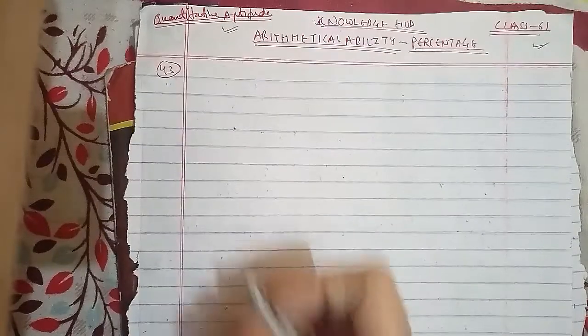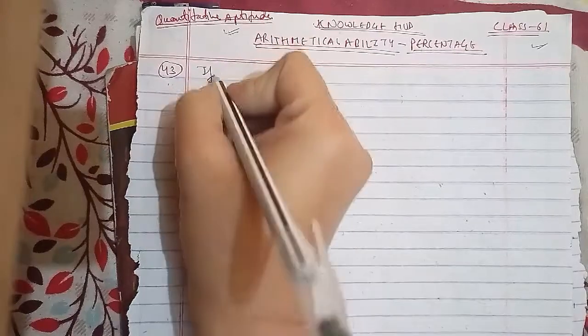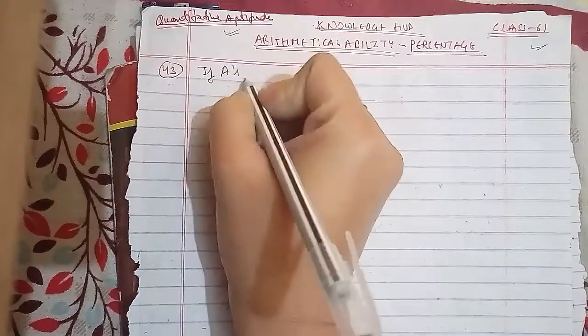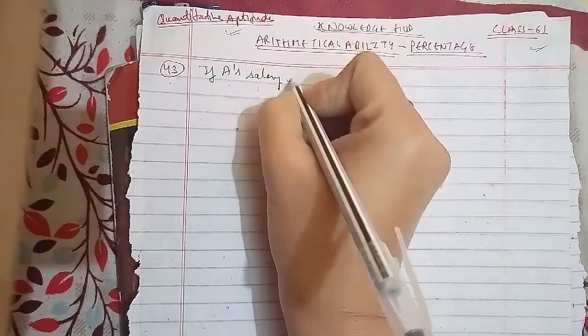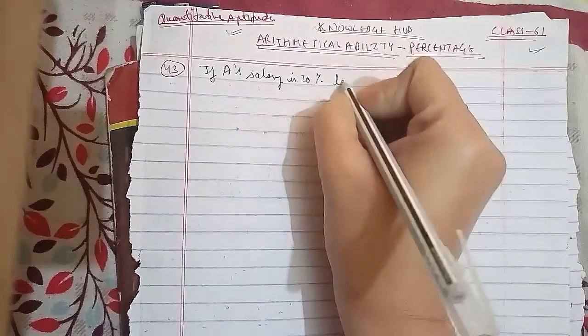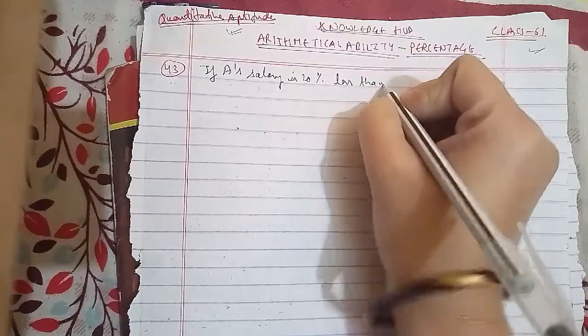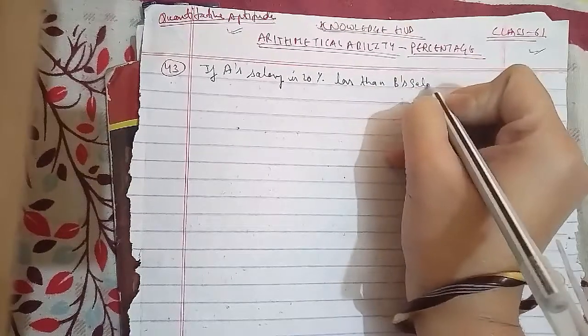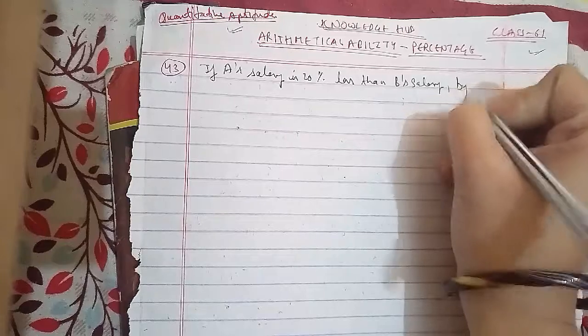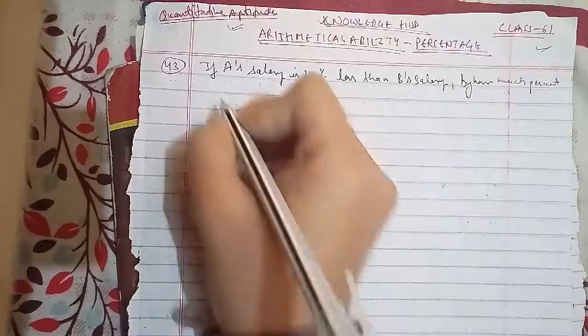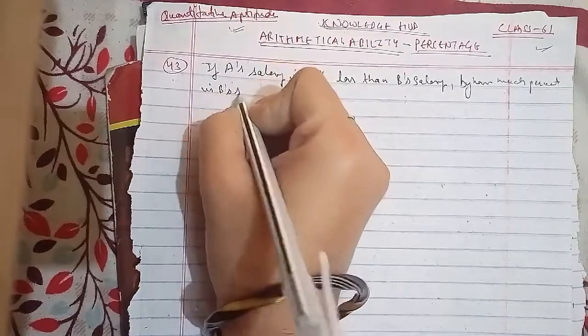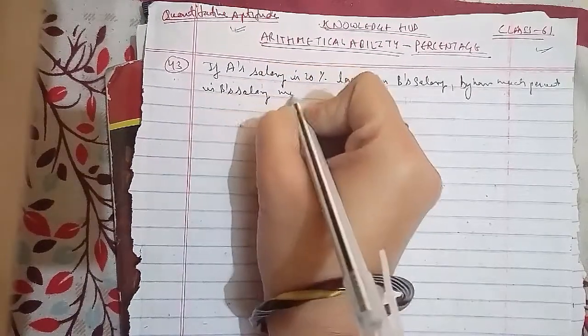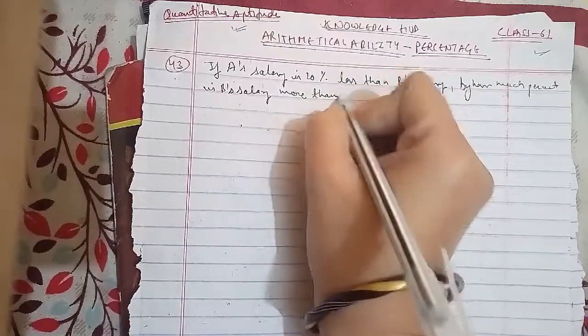The question is: if A's salary is 20% less than B's salary, by how much percent is B's salary more than A's? We'll find out the solution for the same.